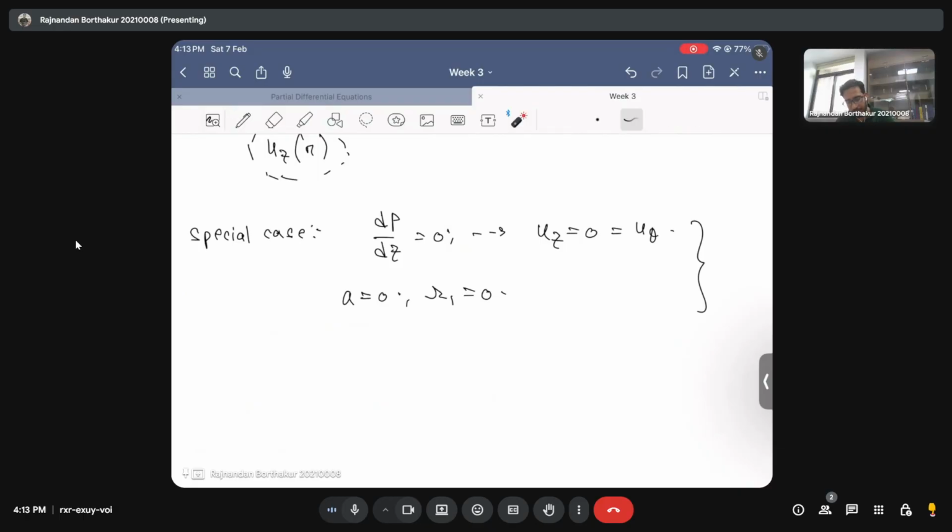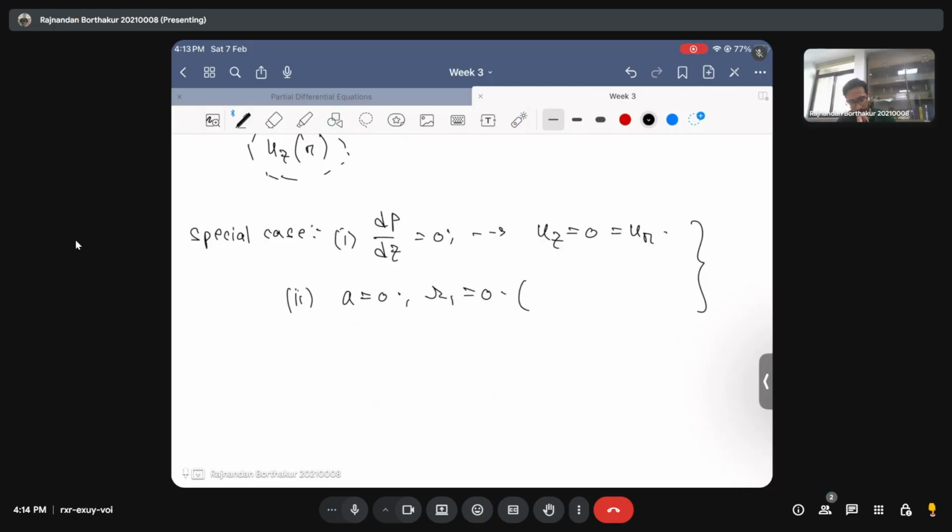So if I use this information, I hope you are clear. The first one is that I am saying that there is no applied pressure gradient, which means that now there is no actuating mechanism in the z direction which can drive the flow, which equivalently means that my z direction velocity is going to be equal to 0, just like the, I'm sorry, just like the r direction velocity. This is wrong. This is the r direction velocity. And then I say that I am just considering one cylinder, which is the outer cylinder, which is rotating with omega 2, and there is no inner cylinder.